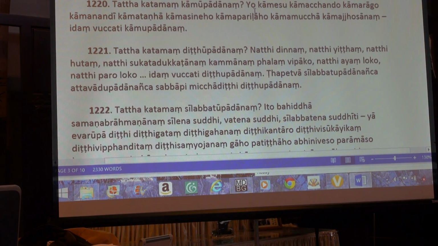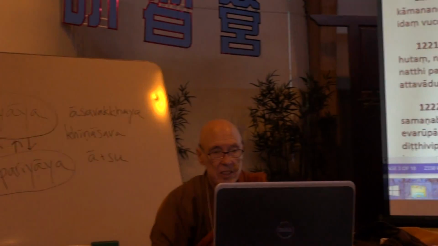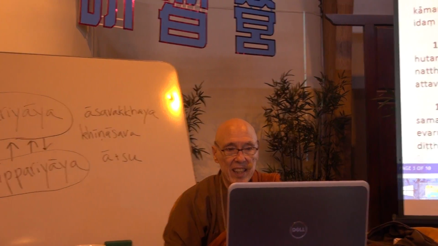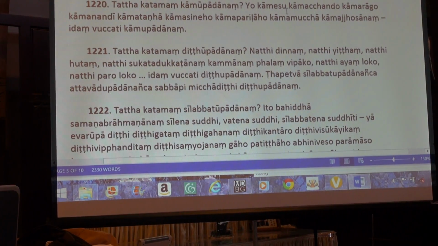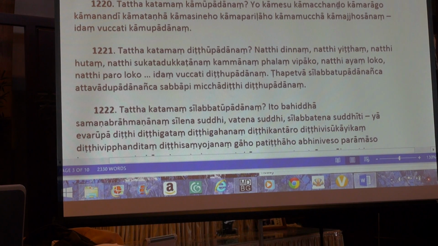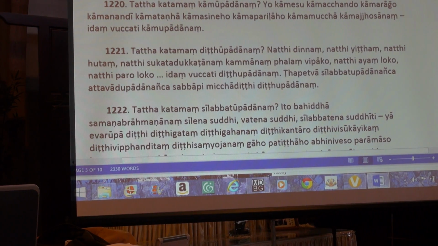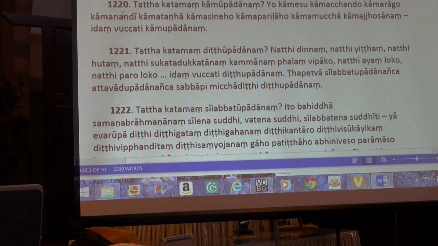Okay, the definitions of the first three are already fairly obvious. So we have, what is the clinging to sensual pleasures? That which is in regard to sensual pleasures, sensual desire, sensual lust, sensual delight, sensual craving, and so on. This is called clinging to sensual pleasures. Then what is the clinging to views?